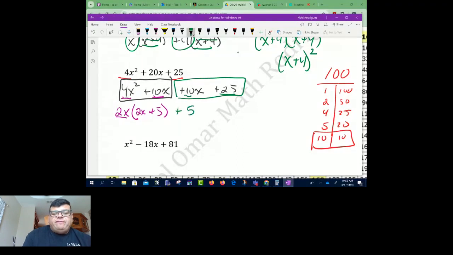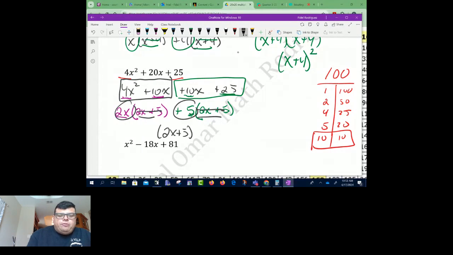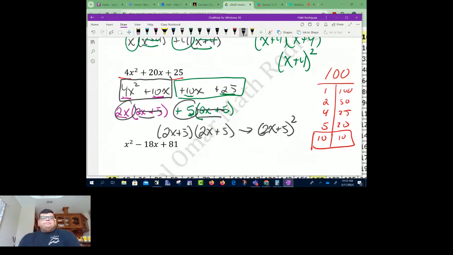Between 10 and 25, we can take out a 5. 5 goes into 10 two times, 5 goes into 25 five times. And then from here, look, 2x plus 5, there's my common factor. Oh look, my other one is also 2x plus 5. So again, we can write this as 2x plus 5 all squared.